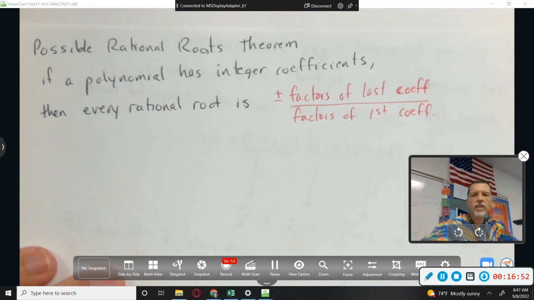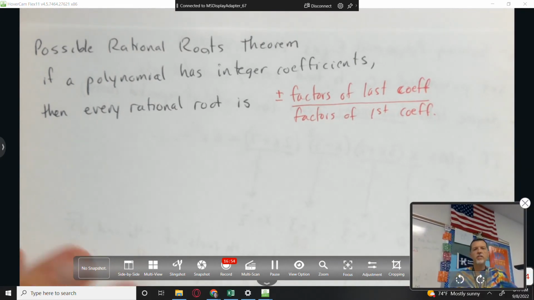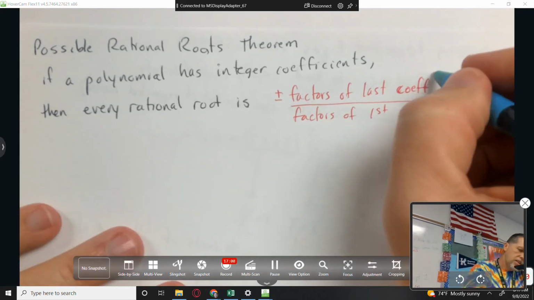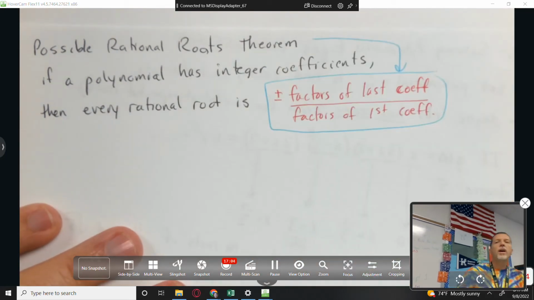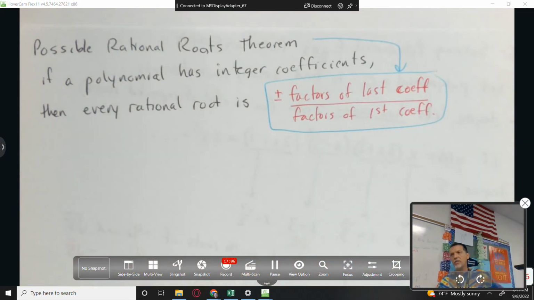Factors of last over factors of first. As long as you've got a normal polynomial, meaning integer coefficients.